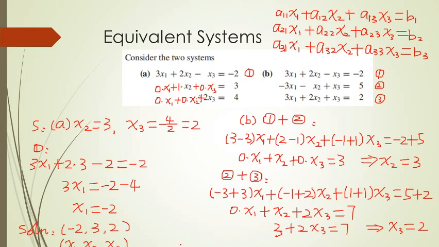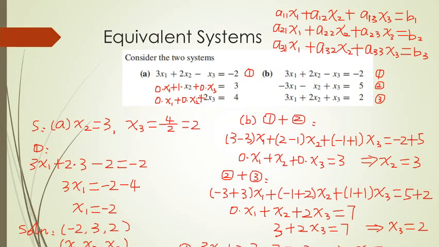Now we can go back to the first equation, or any equation of those 3. Since we know x2 and x3, we can solve x1. So 3x1 plus 2 times x2, which is 3, minus x3, which is 2, equals minus 2. What is my x1?